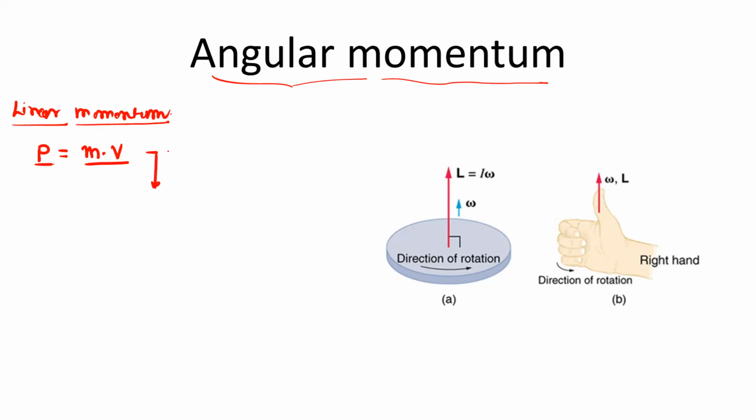Linear momentum is used for the linear system or the translational system. For the rotational system, we use the equivalent term, which is called angular momentum.